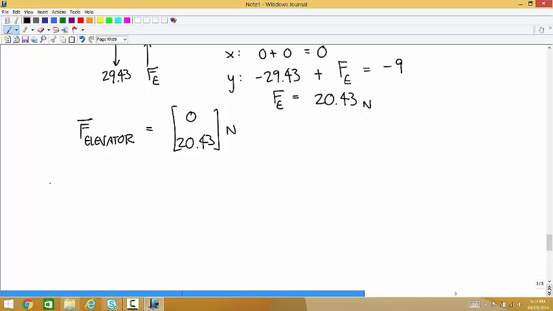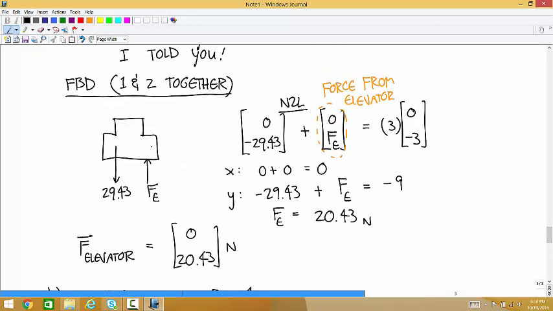Okay, so now part B. Now we want to figure out the force on the 2 by the 1. We can't isolate the two of them together anymore because the force we want to calculate doesn't come up in the equations.